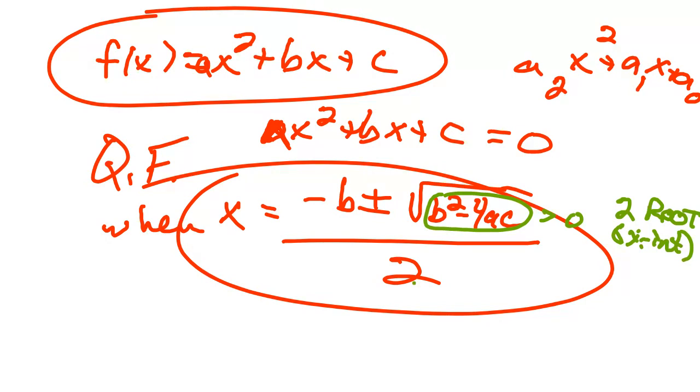If it's equal to 0, there's exactly 1 root or x-intercept. And if it is less than 0, then what? Well, square root of a negative number, there are no real roots. So you do not cross the x-axis.